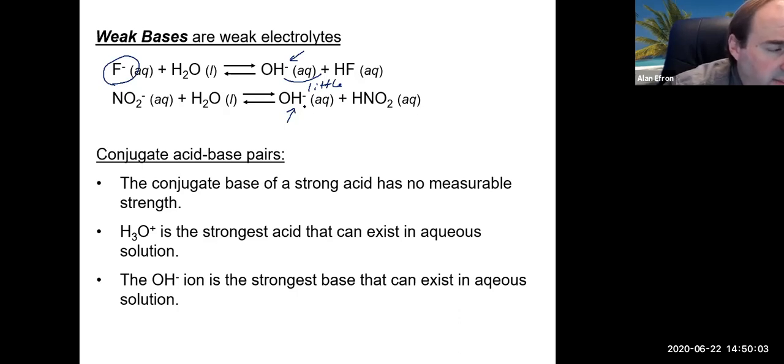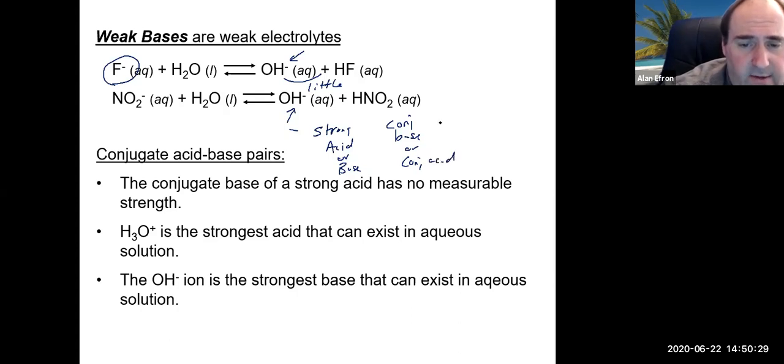Now, the relationship between a conjugate base and a strong acid has no measurable strength. So the relationship between things, which is really important for later on this chapter, is if it comes from a strong acid, our conjugate partner, conjugate base or conjugate acid, will be relatively weak.